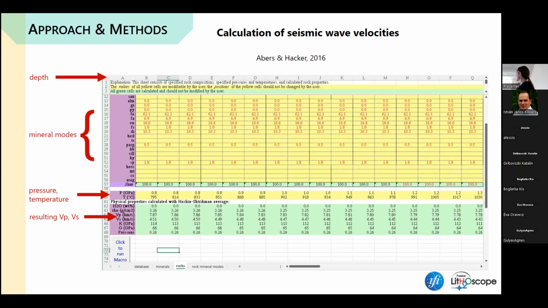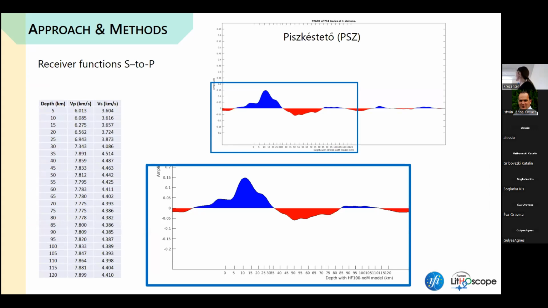We can put in pressure and temperature data, and then we can use these to calculate VP and VS. But it needs to be noted that this method only allows us to calculate velocities for a dry mineral assemblage; it doesn't take the amount of melt into account. Anyway, what we end up with is a velocity profile, which looks like this.